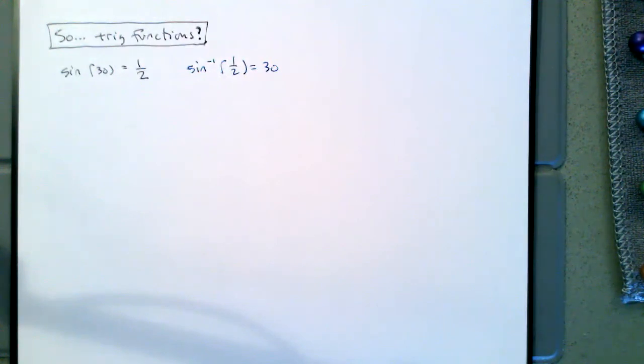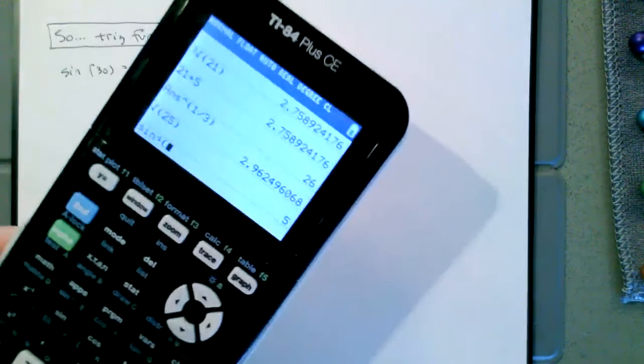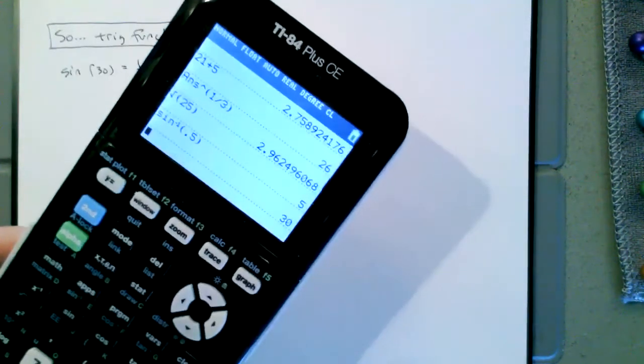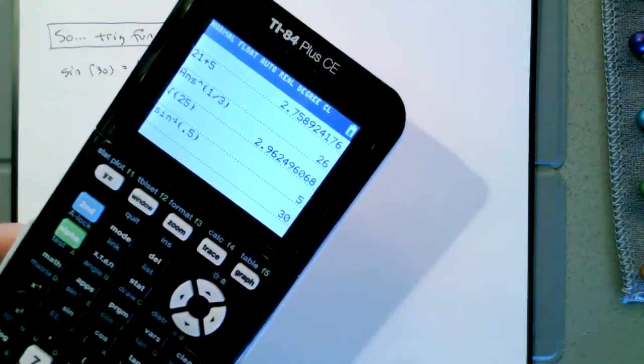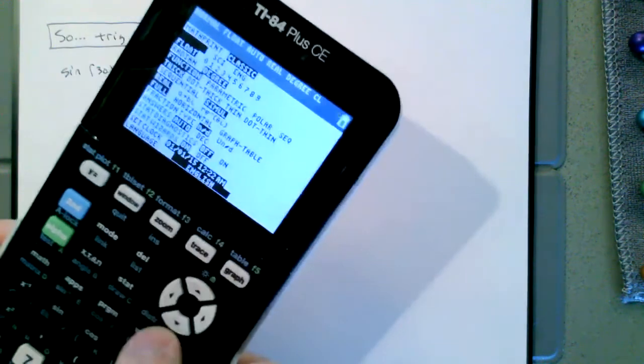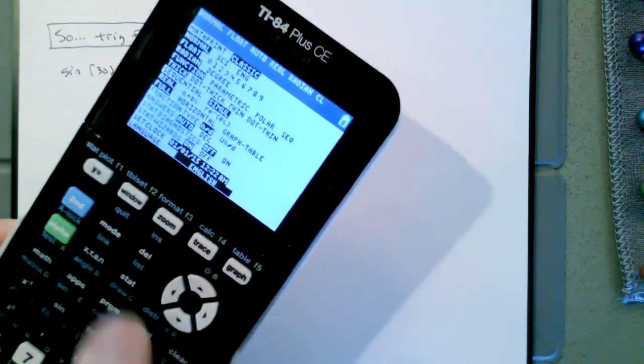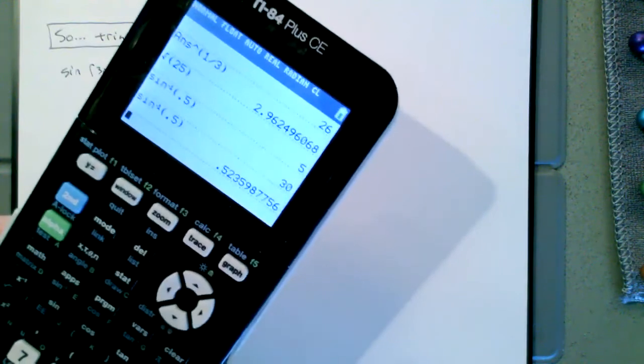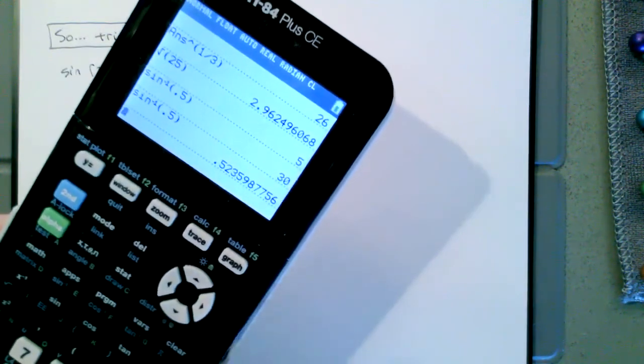But we know more about sine than just sine inverse on our calculating machines, right? Our calculator will tell us the sine inverse of a half is 30, or if we're in radians, pi over 6.